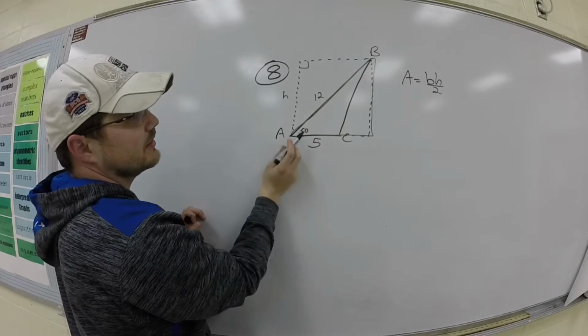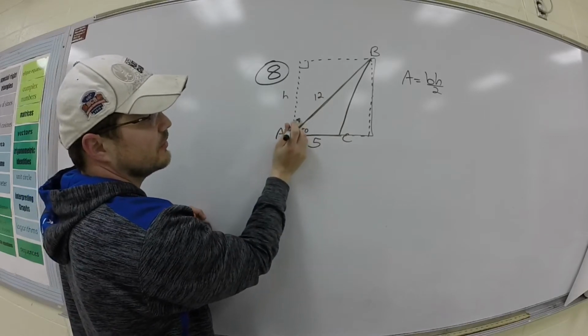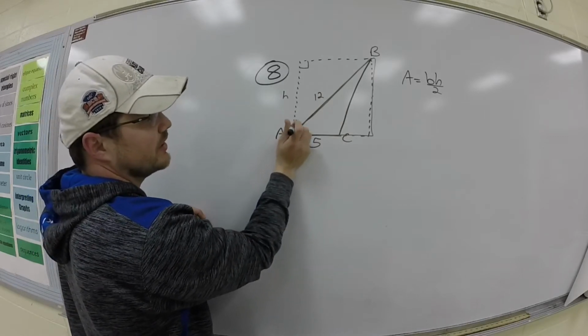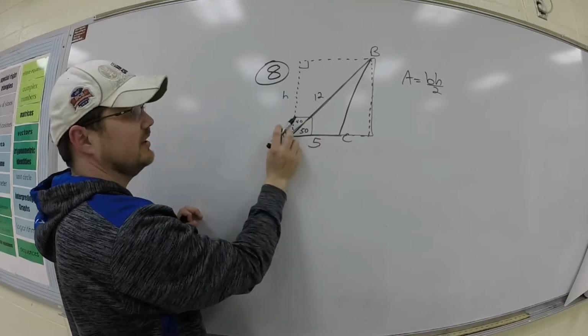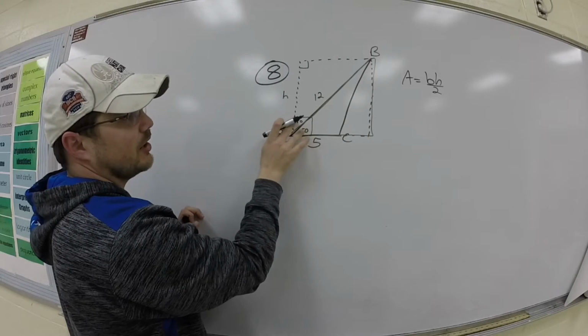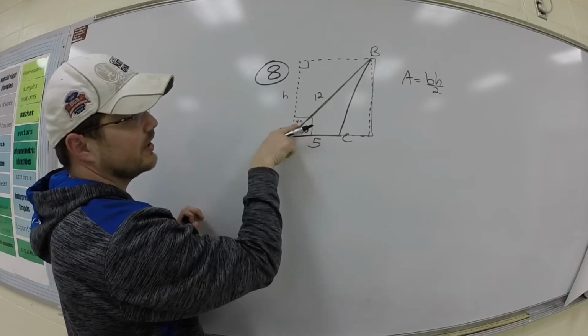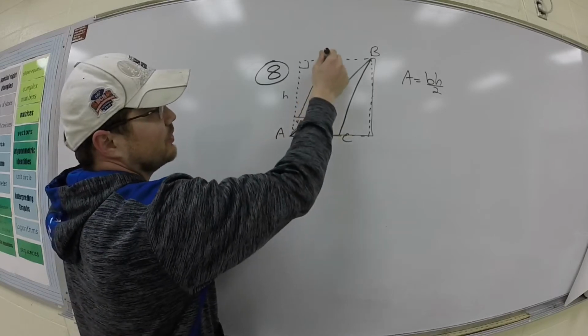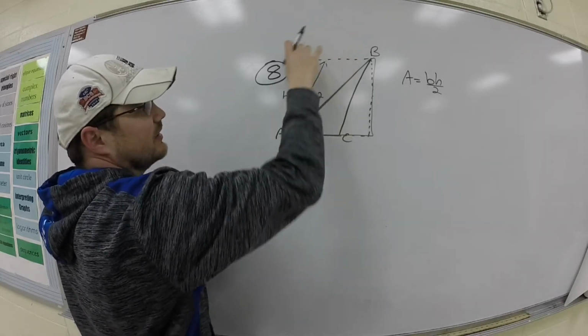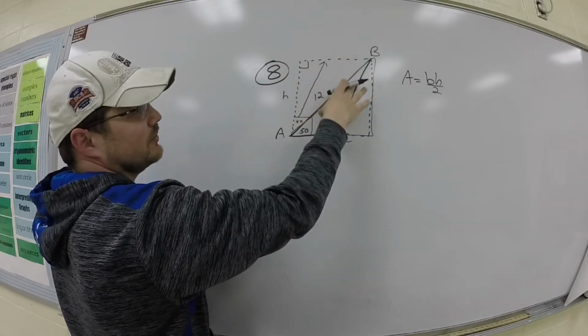And so for theta, this would be a 40-degree angle because this is 90. We got 50 and 40. These are complementary angles. So this would be a 40-degree angle. And remember back from SOHCAHTOA, we have opposite side, adjacent side, and hypotenuse.